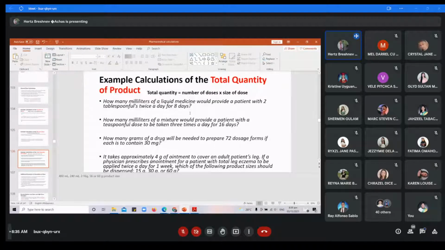So, how many milliliters of a liquid medicine would provide a patient with 2 teaspoonfuls twice a day for 8 days? Please try to solve.